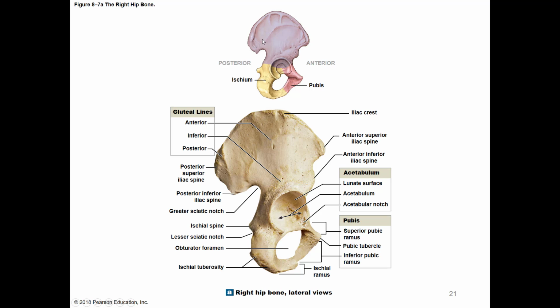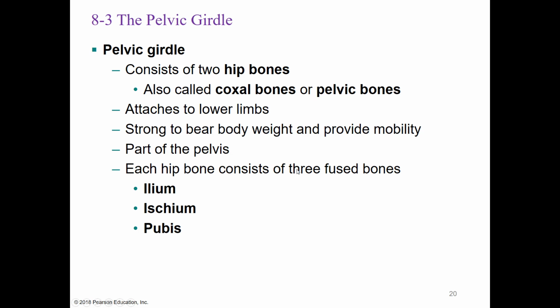So we have the ilium, which is the large hip bone up at the top that you can feel through your skin when you touch your hip. The ischium, what you sit on, and then the pubis up front. Ilium, ischium, pubis together make up the coxal bone or os coxa.